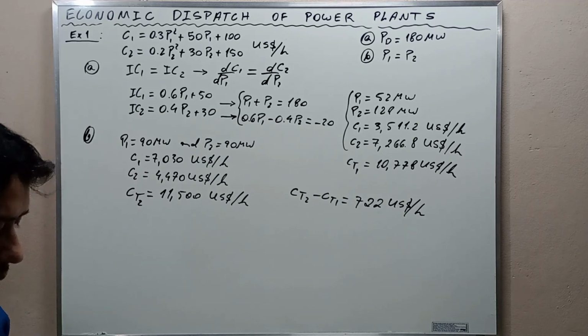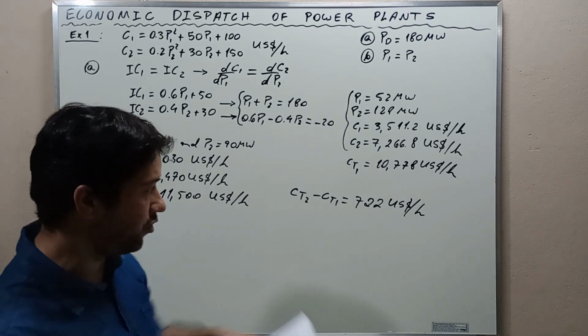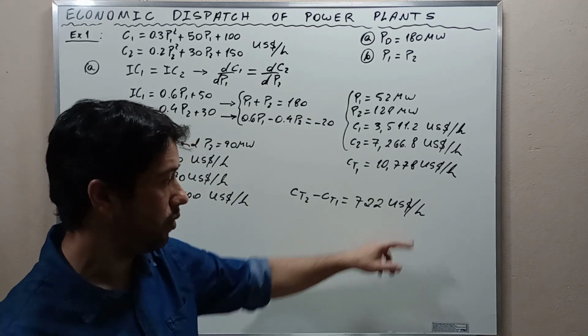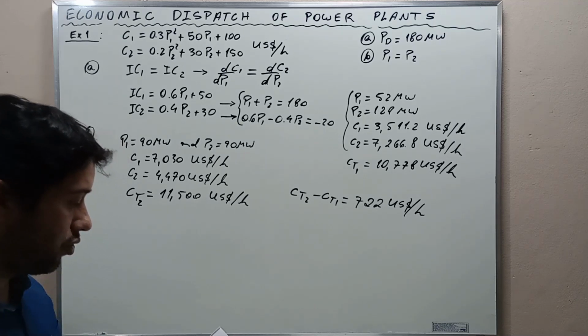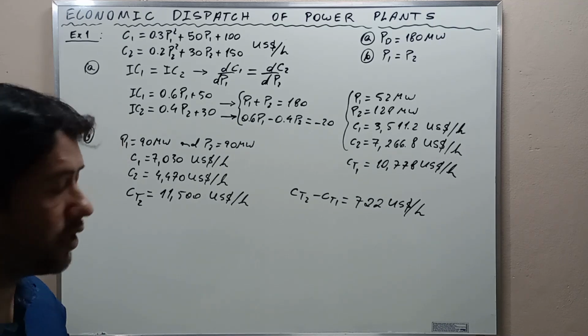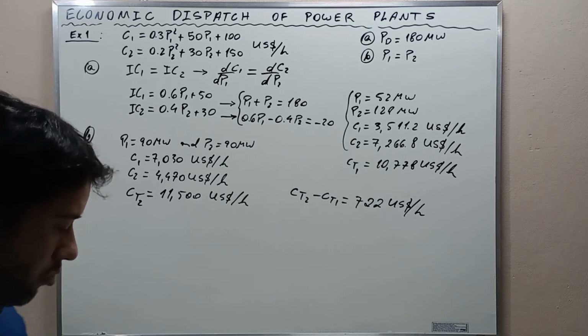Which translates to approximately, and this is per hour. Per hour, the exercise wanted us to calculate per hour. But what if we wanted to calculate per day or per annum?